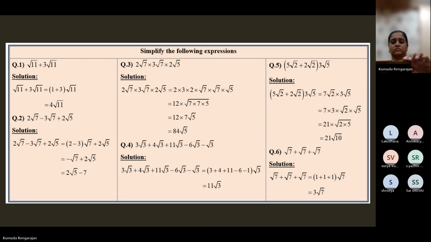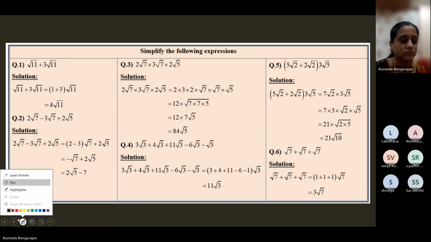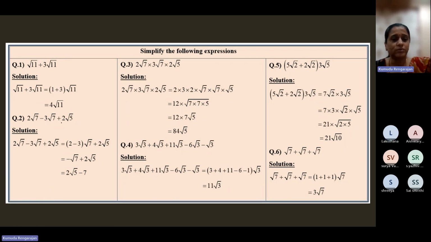Ma'am, in the second question, it is 2 root 5 minus 7. It has to be 2 root 5 minus root 7. Second question, the last step.